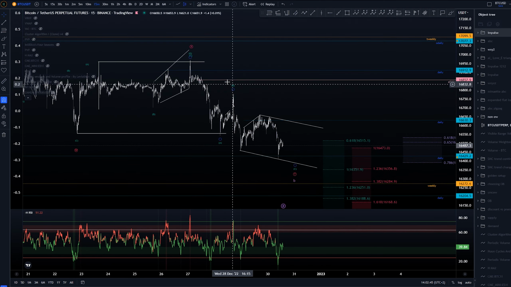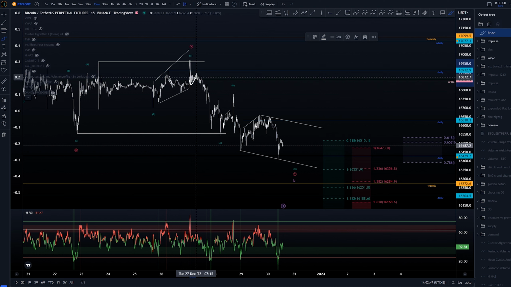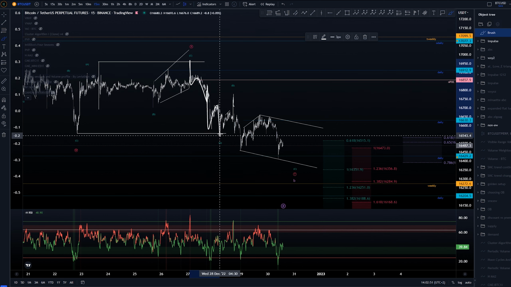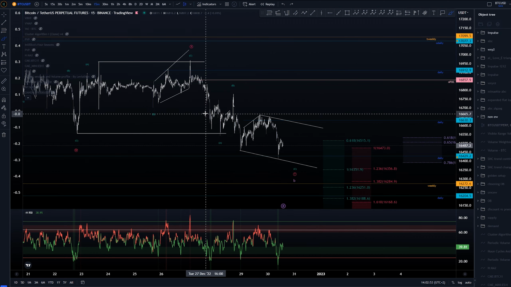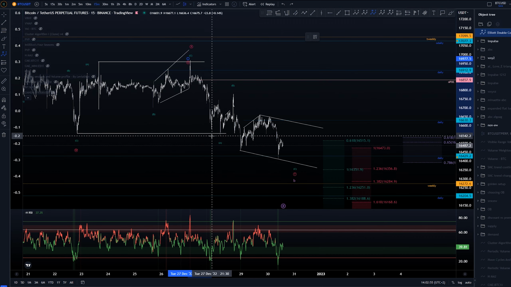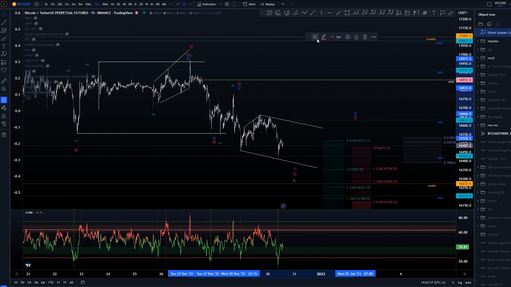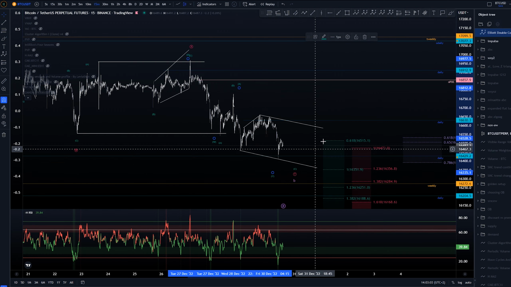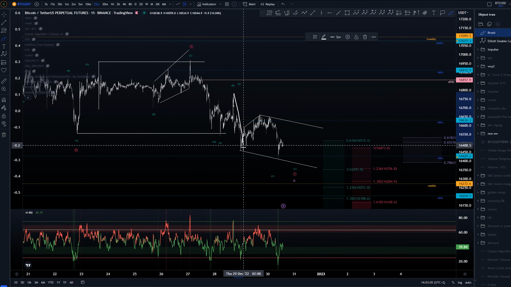The other option here, instead of A, B, C, would be that we would have this as a three-way structure in here, a three-way pullback, and another three-way structure into this. And at that point, this would be a wave W instead of an A wave. So W, X, and wave Y. Exact same pivots. However, we would be looking for only a three-way move here into the lows.